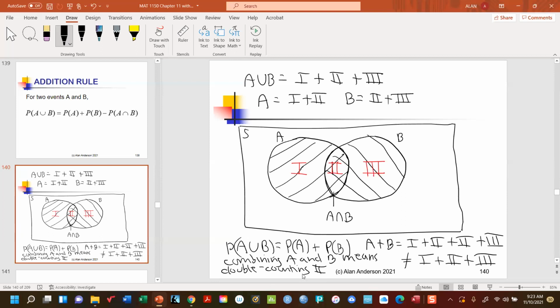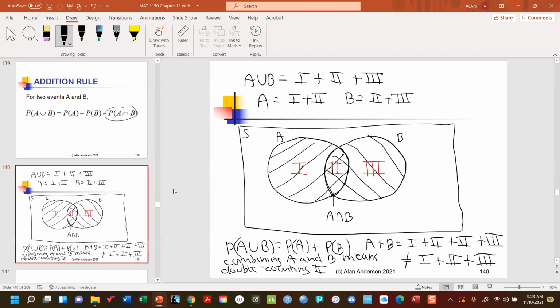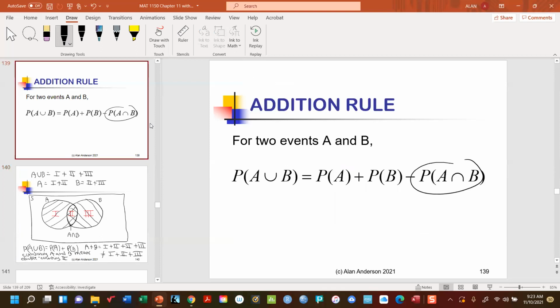So the reason we need this piece up here is that if we don't subtract it, the 2 gets counted twice. Therefore, this is the equivalent of saying 1 plus 2 plus 2 plus 3 minus 2, which leaves us with what we need, which is 1 plus 2 plus 3.